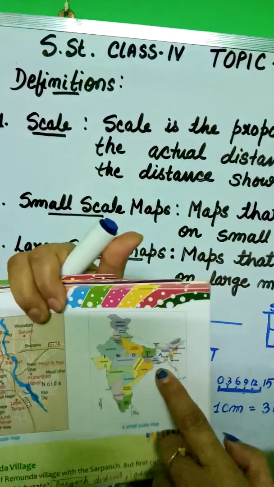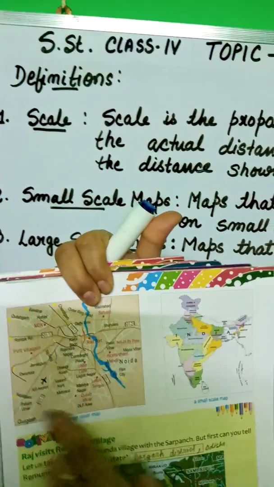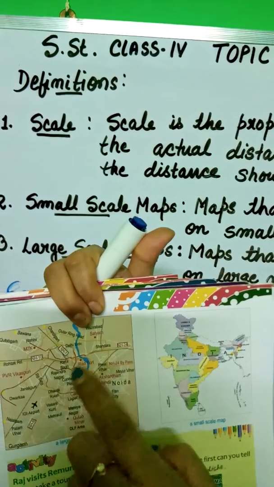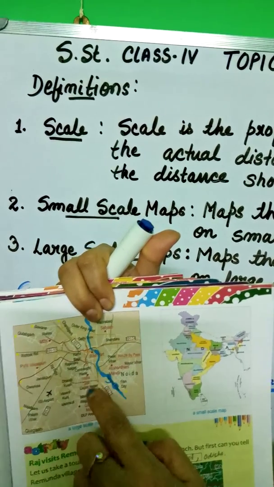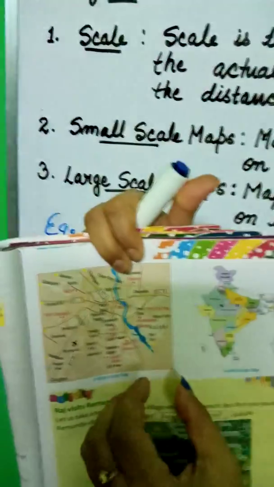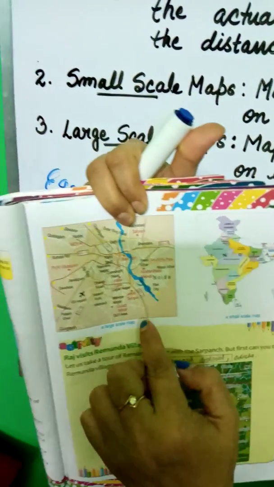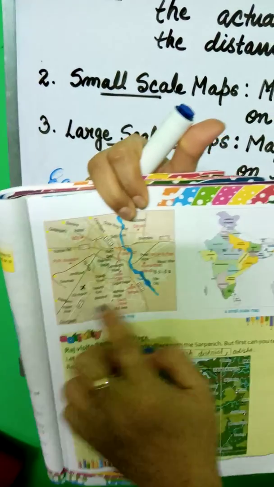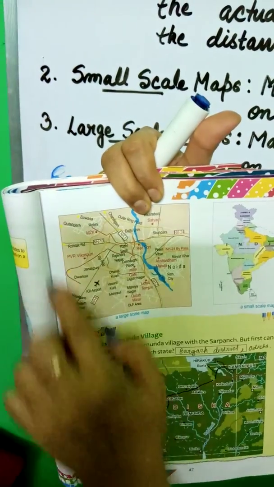And think this is a picture, a map of a town or city like Barasat. Barasat is a small place. A small place is shown on the map in a large scale.